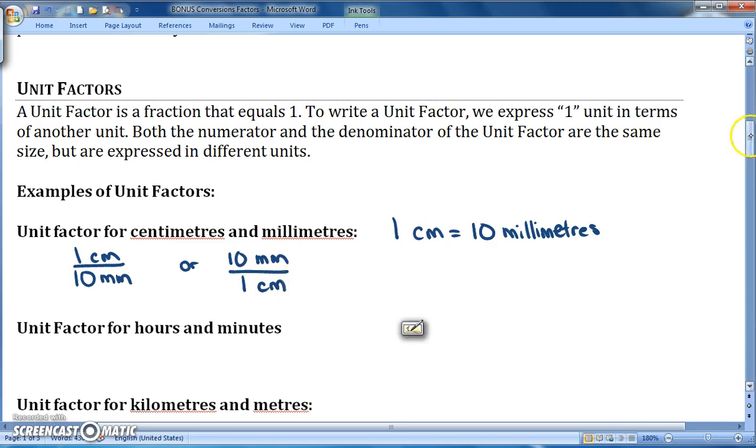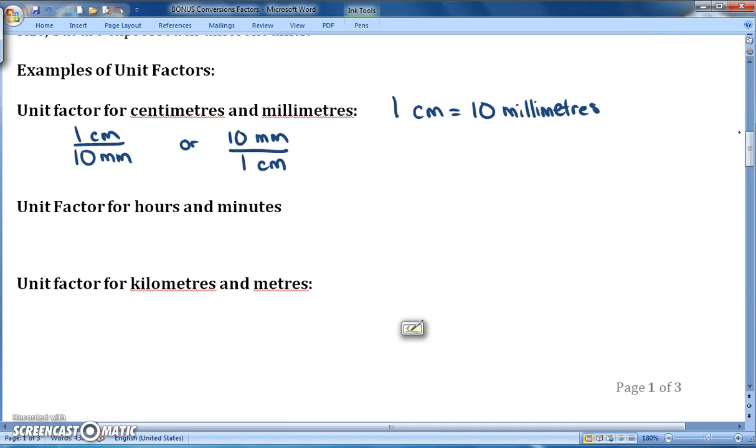How we choose to set up our unit factor in our application questions will depend on what unit we're starting with and what unit we're converting into. The unit factors for converting between hours and minutes use the fact that 1 hour is equal to 60 minutes. This gives us two unit factors, 1 hour over 60 minutes and 60 minutes over 1 hour.